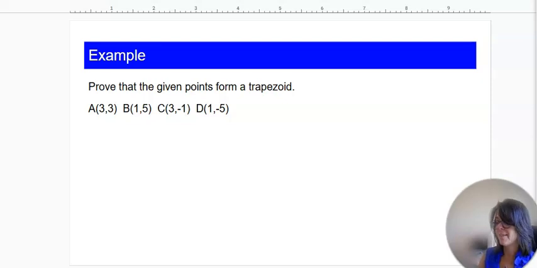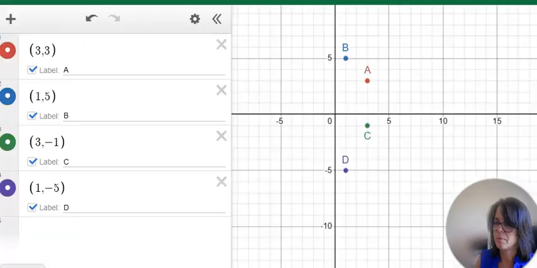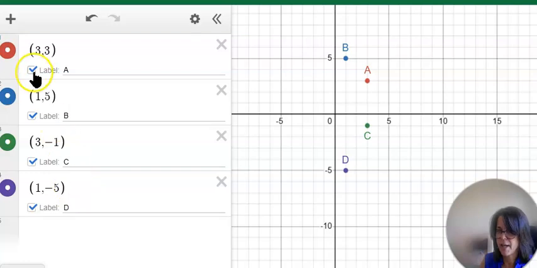In this next example, we need to prove that these points form a trapezoid. So you're going to start by putting these points in Desmos. All right, I've put in my ordered pairs. I checked the label box, and I even named them A, B, C, and D, just the way the problem had listed.